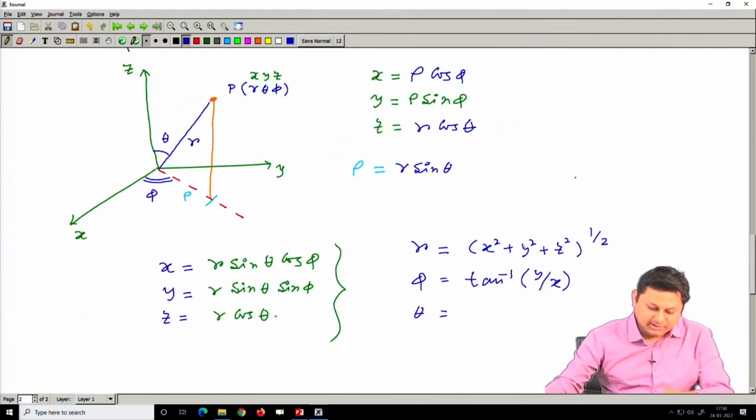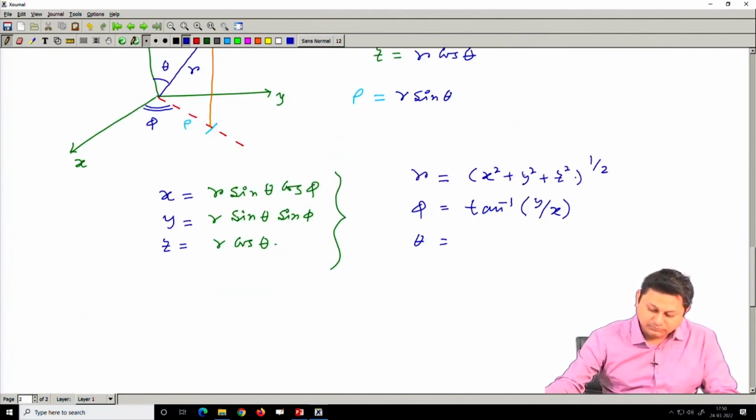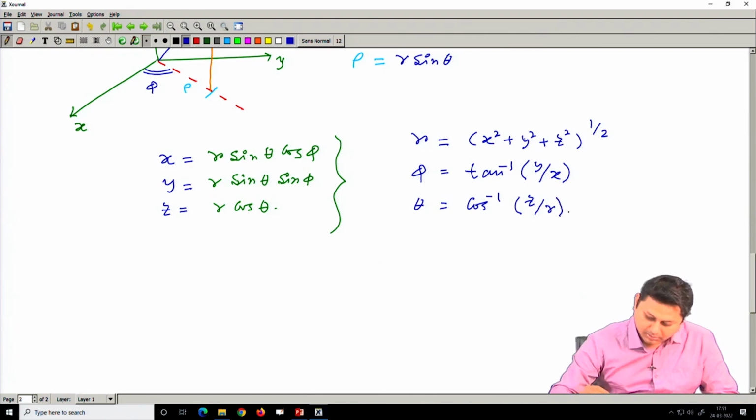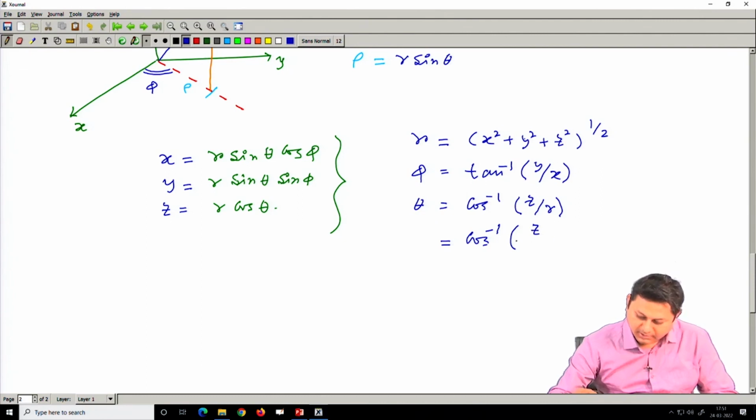Theta is cos inverse of z by r, which is cos inverse of z divided by the root over of x square plus y square plus z square.